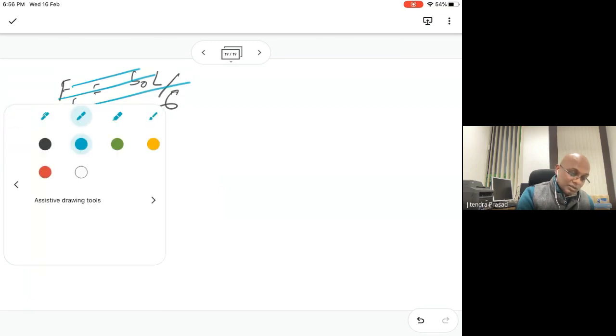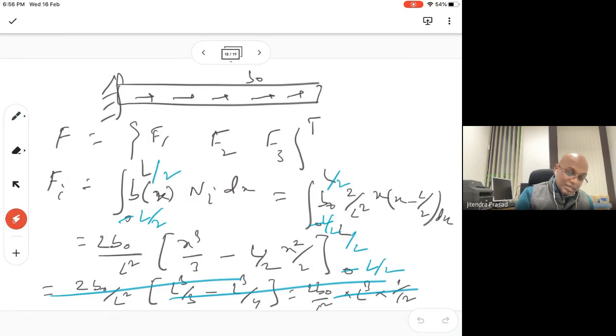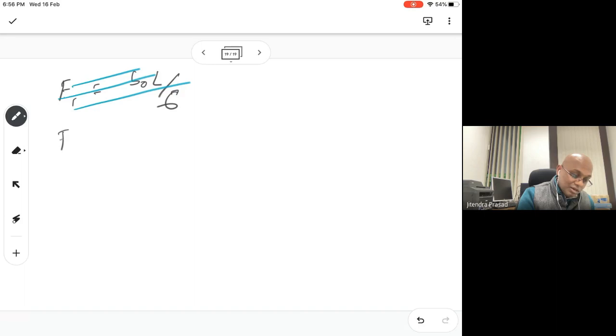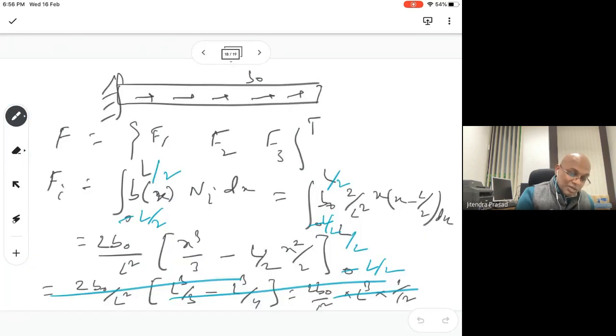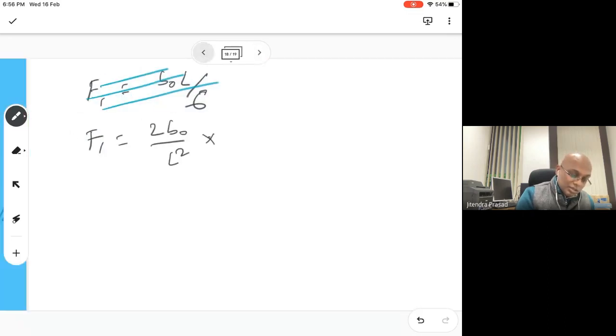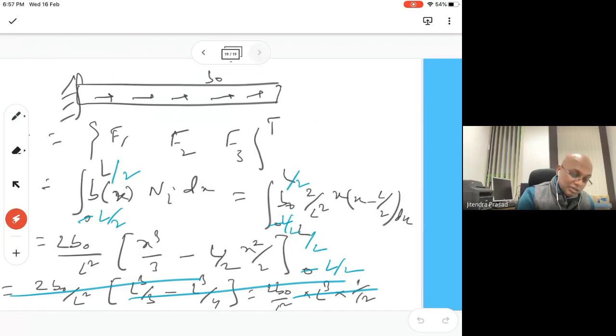So what we get here is 2b naught. So f1 is equal to 2b naught over L square, and then we have L over 2, so L cube over 24.